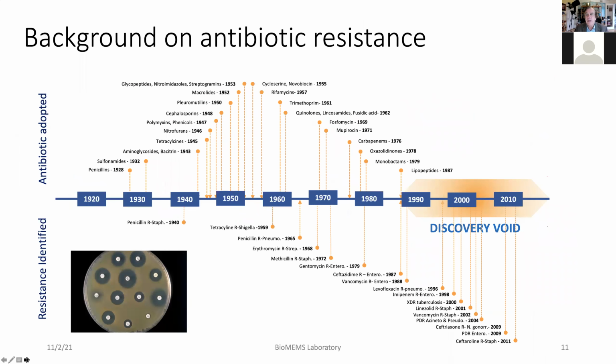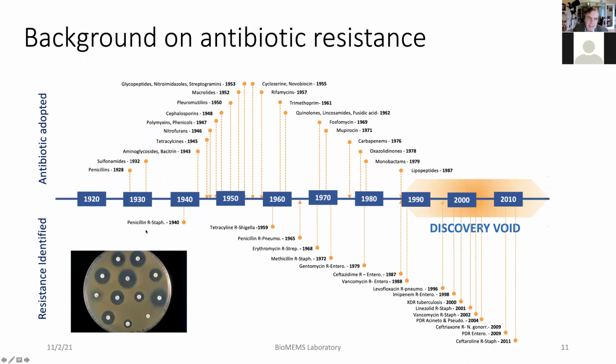Well, here you see over the years the adaptation of antibiotics, starting with the very famous first ones, penicillin. And you can see more and more were discovered very, very fast, right? But then you will see that as time goes on, look, from 1990, a huge discovery void.